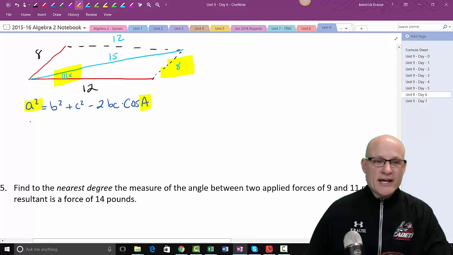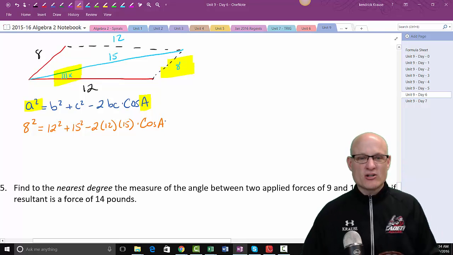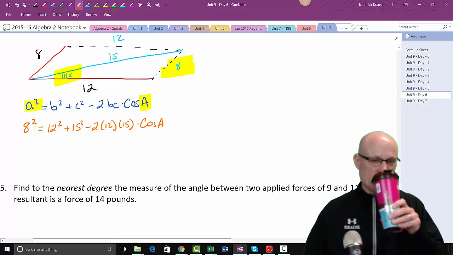In for a is going to go 8 squared. Now I'm going to copy the other stuff down: 12 squared plus 15 squared minus 2 times 12 times 15 times the cosine of a. Oh, shoot. This is that hard case where I have to find the angle.